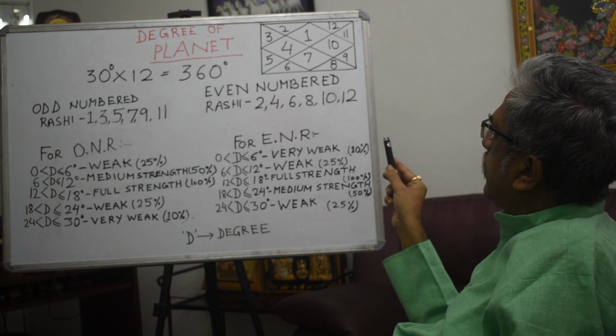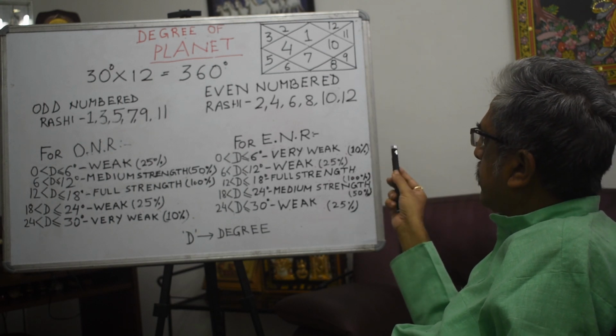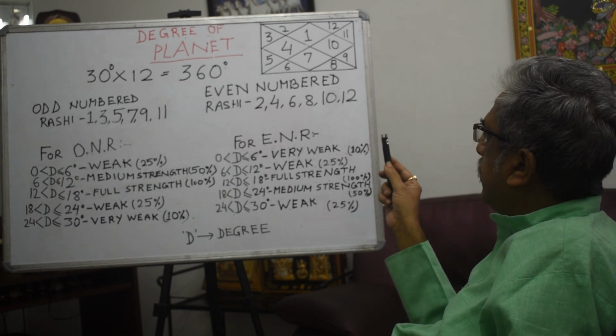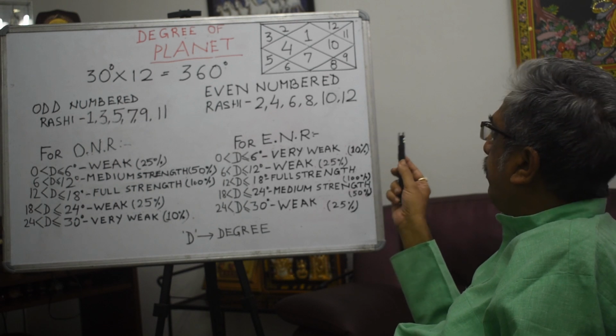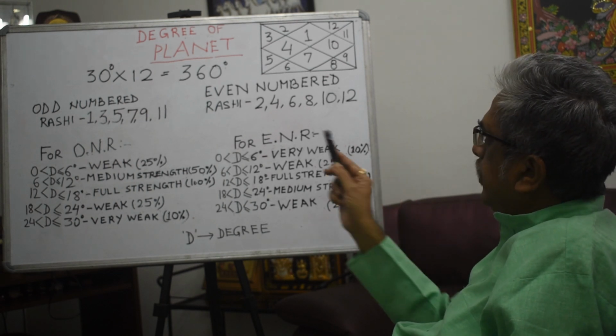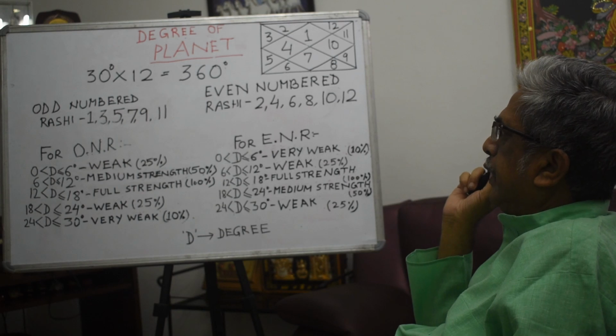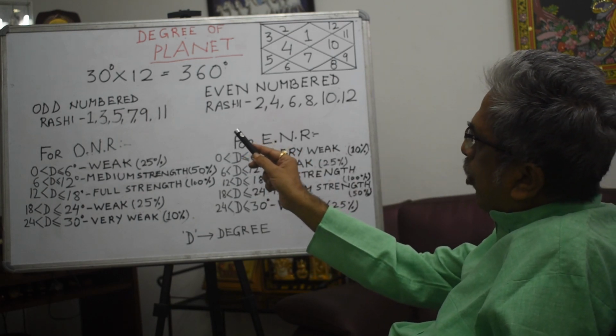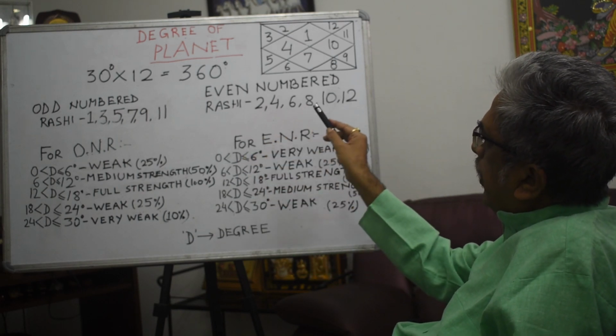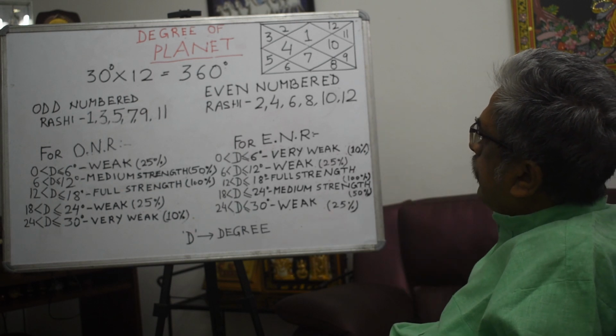So in each Rashi where a planet is placed, that Rashi is represented by a number. That number is odd or even. An odd number cannot be divided by 2, an even number can be divided by 2.